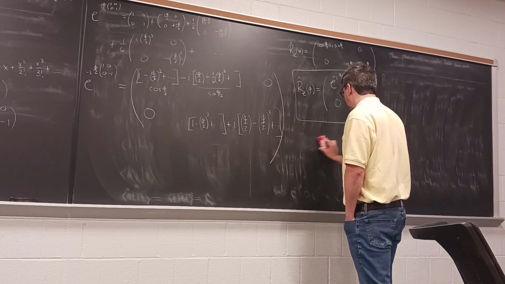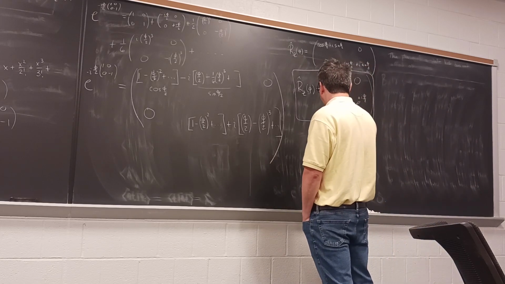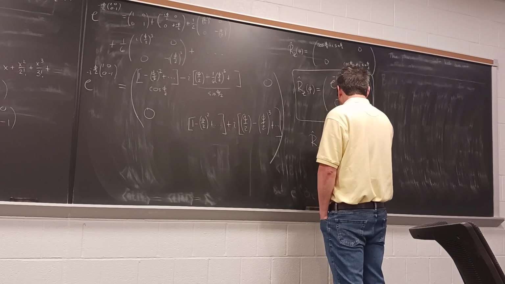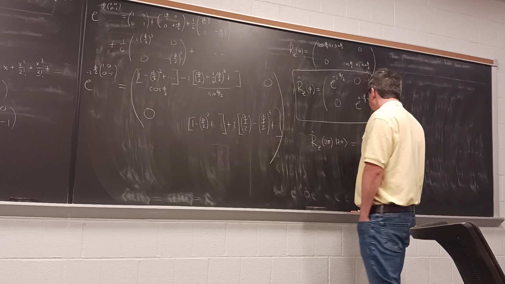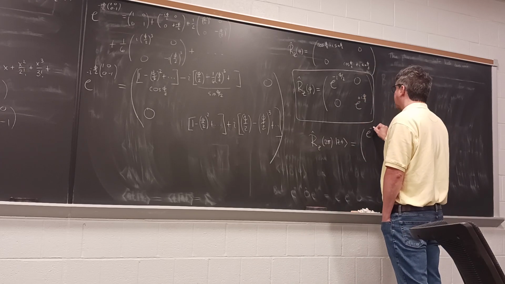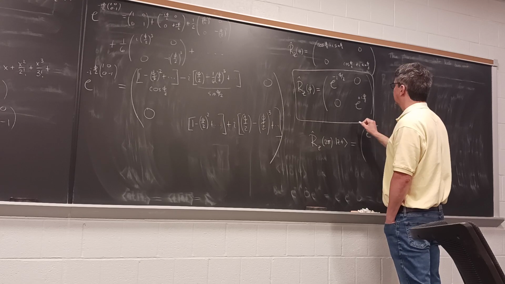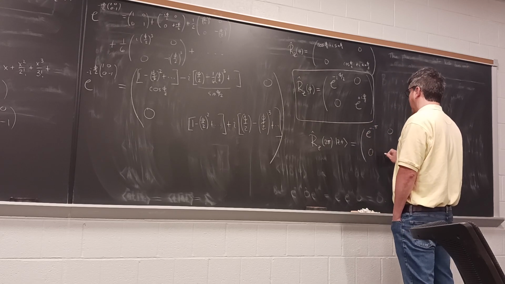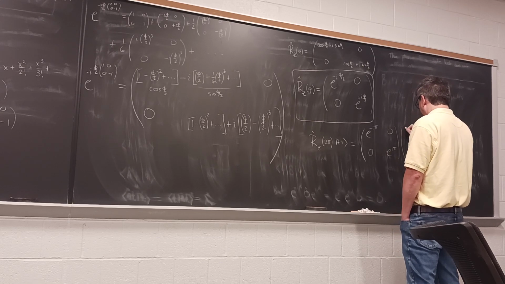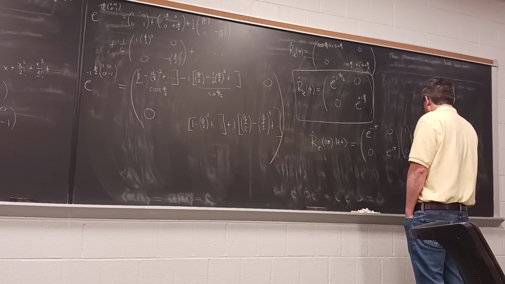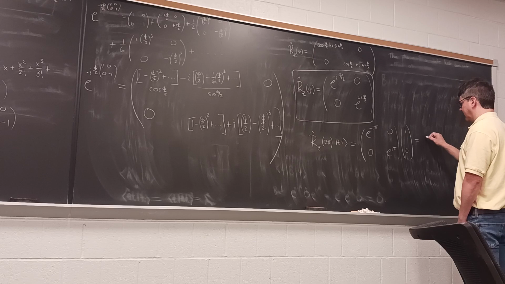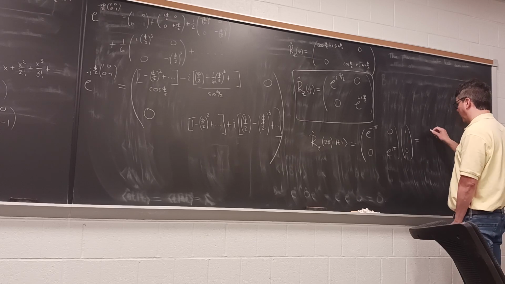well, let's see what happens when we rotate the state ket z plus by 2 pi. So RZ of 2 pi on the state ket z plus is equal to e to the minus i pi, 0, 0, e to the i pi, operating on 1, 0. But e to the minus i pi is just what? It's minus 1.